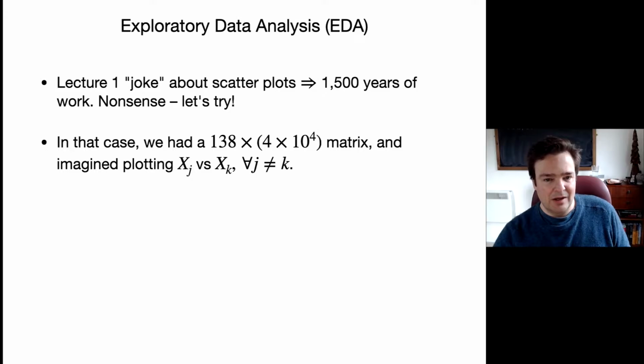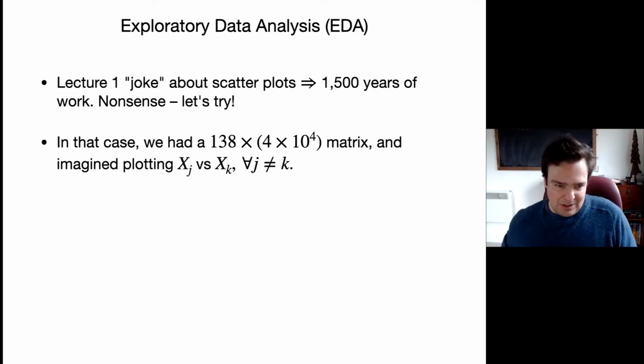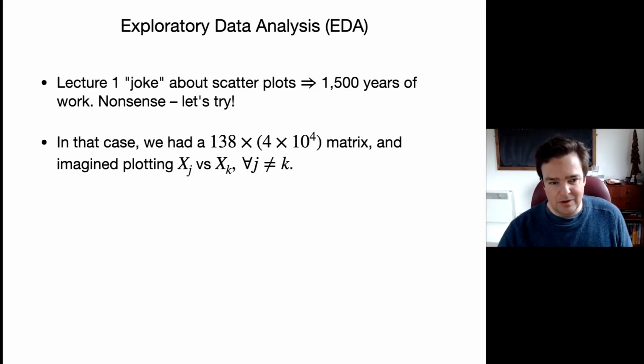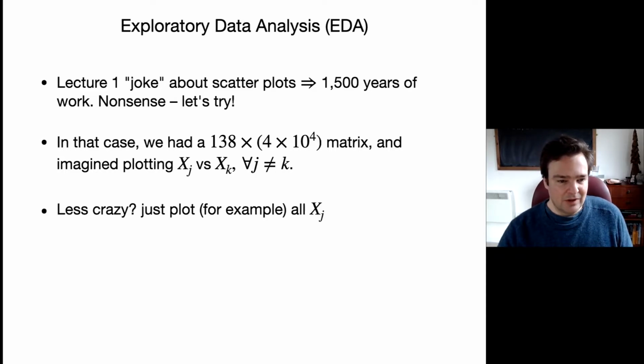So that calculation came from this. The data set had 138 rows and 40,000 columns. And so if you tried to plot every pair of columns, that's where you get that scary 1,500 year number from. Instead, you could say, well, let's just plot each individual column one by one.